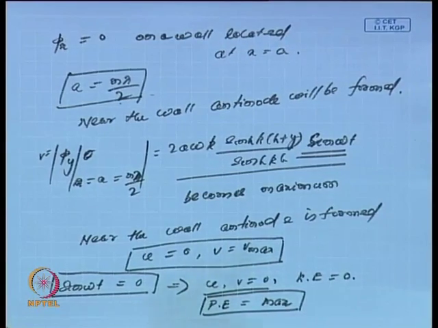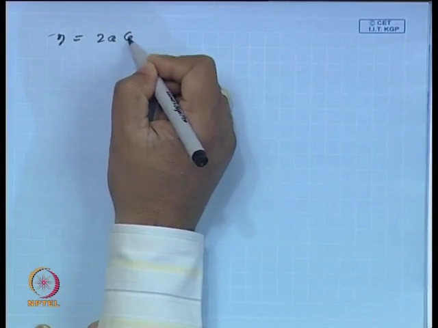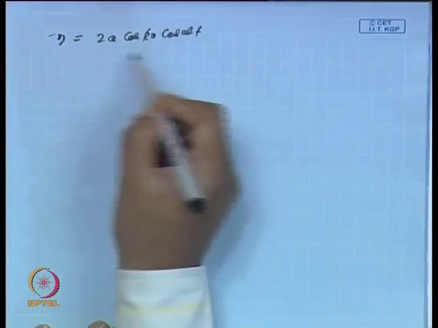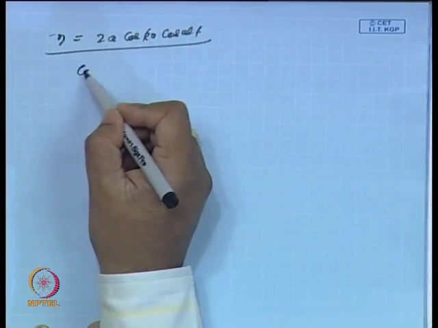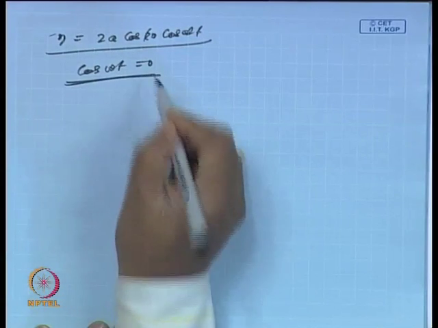On the other hand, what will happen if, instead of sin omega t being 0, I say that eta has a term 2a cos kx cos omega t? Suppose cos omega t is 0.